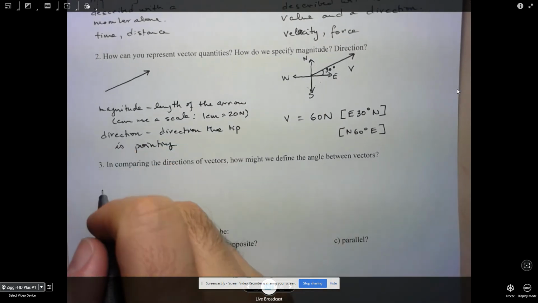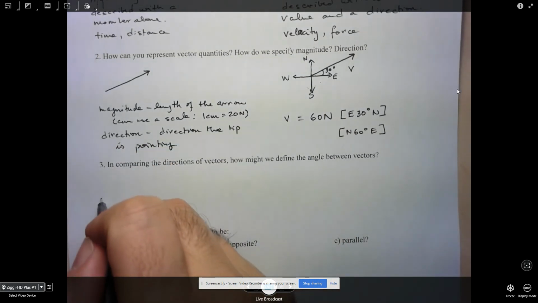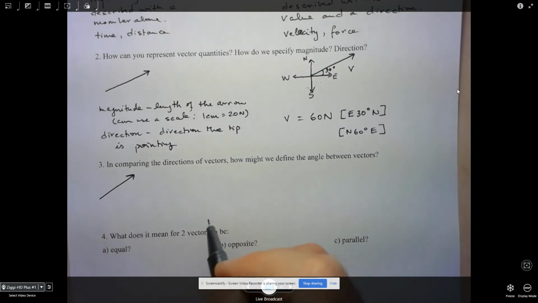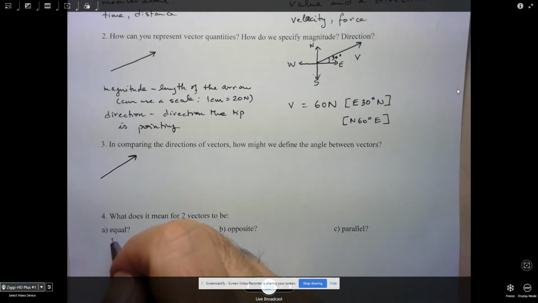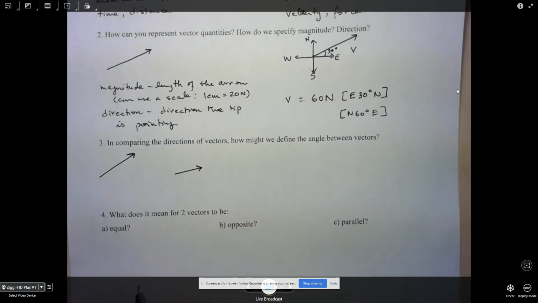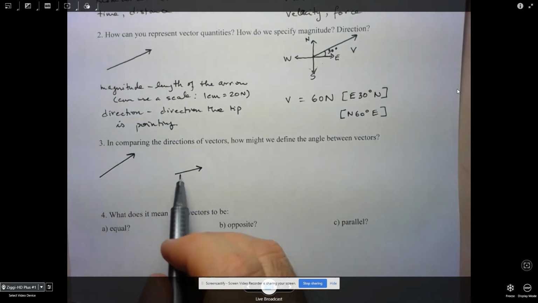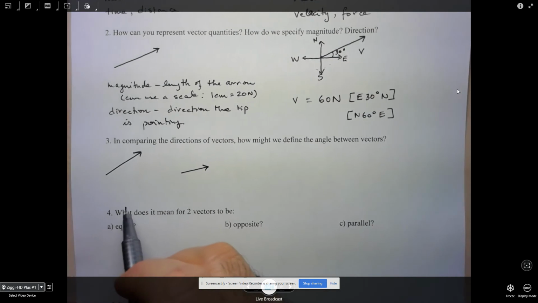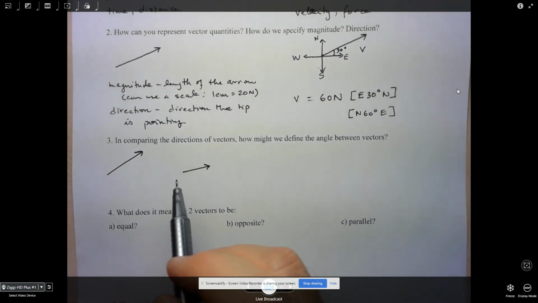So if I take this vector here, and I want to determine an angle to that vector there, well, it's not too clear how I'm going to compare these two vectors. But I want you to think about what actually a vector represents.